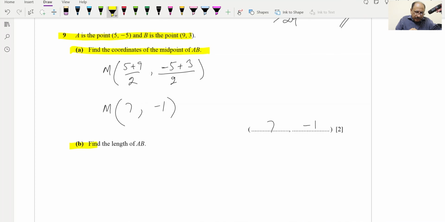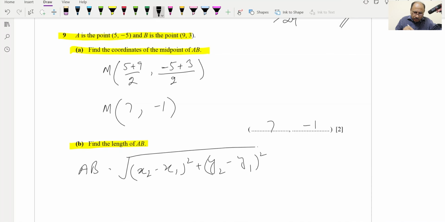B part, find the length of AB. To find the length of AB, we will apply the length formula. This is x2 minus x1 squared plus y2 minus y1 squared and under root. This will be the length formula which we will be applying.